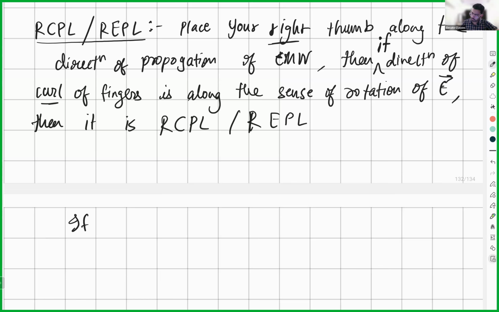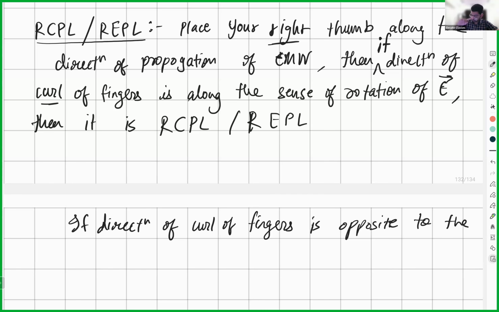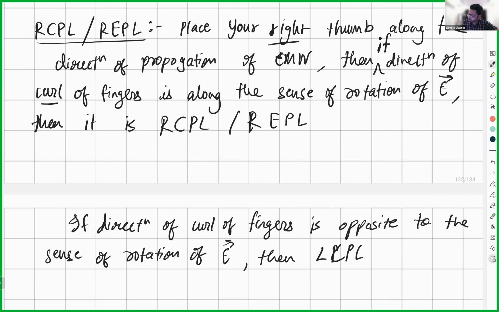If the direction of curl of fingers is opposite to the sense of rotation of electric field, then you have left circularly polarized light or left elliptically polarized light.